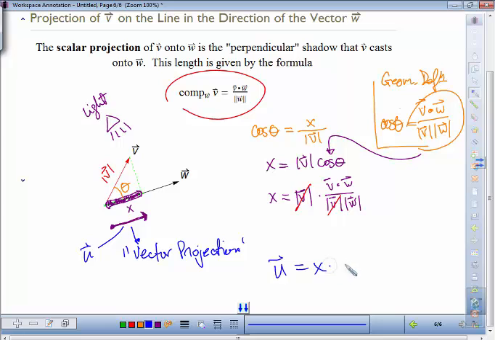So x times. Now we don't want to just multiply it by w because that's not going to control the magnitude. So we have to make it into a unit vector. Like Lauren said, we have to take the w and divide by its magnitude. So that makes it into a unit vector. So by multiplying this, you can have it extend to or shrink down to whatever size you want.